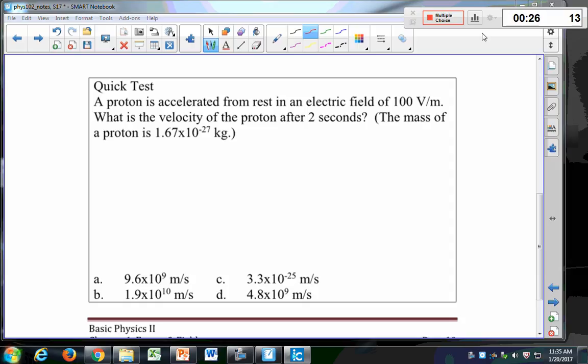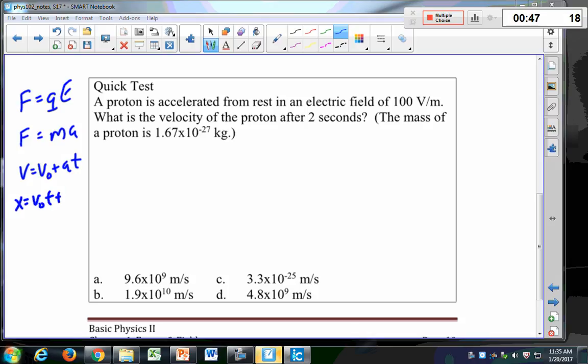So there are several steps here. I'm going to jog your memory that we have some equations from last semester that you'll also need to know for this semester. Our kinematics also, v equals v naught plus at, and x equals v naught t plus 1/2 at squared.